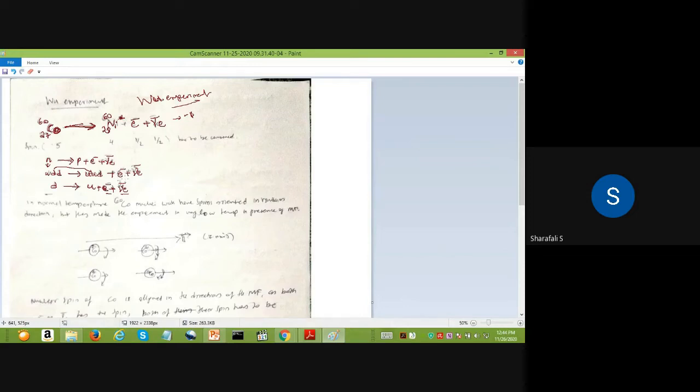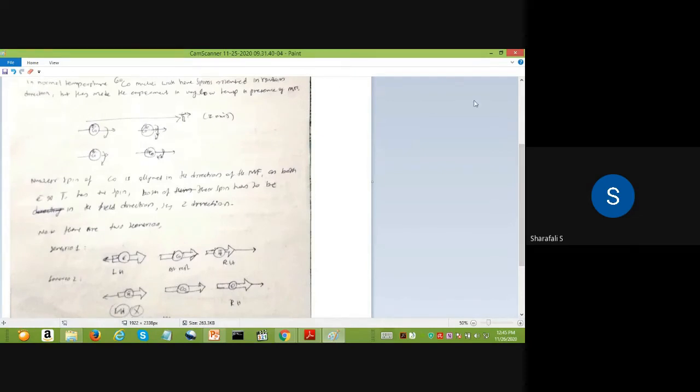The actual process happens in the quark model.